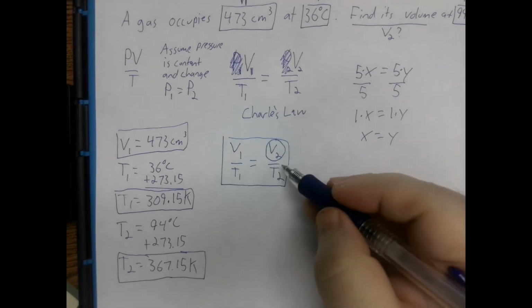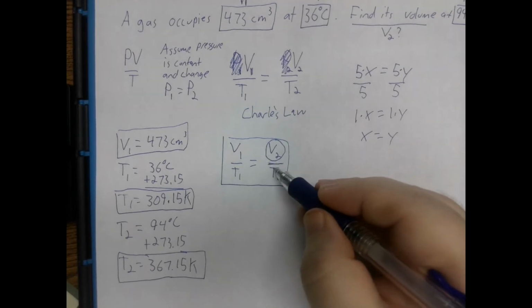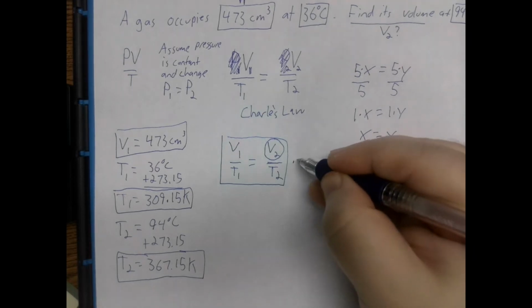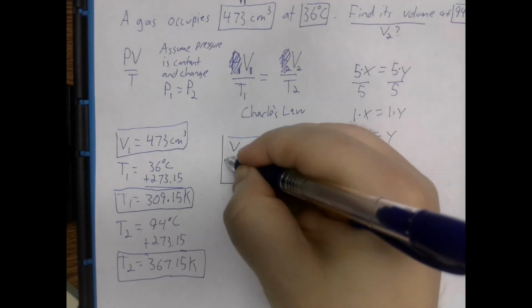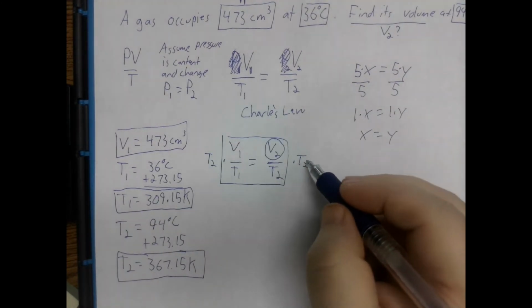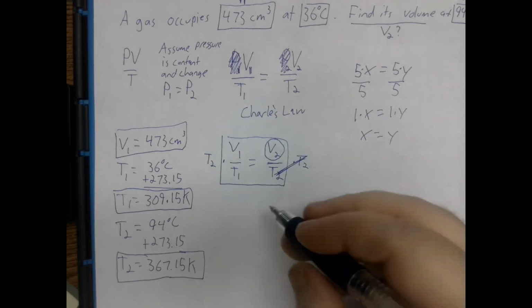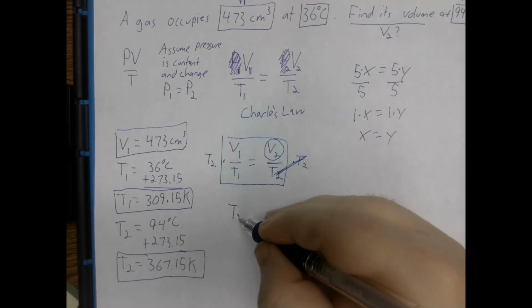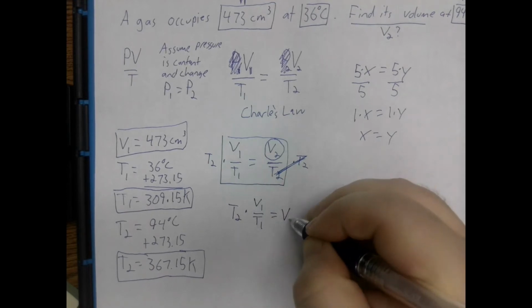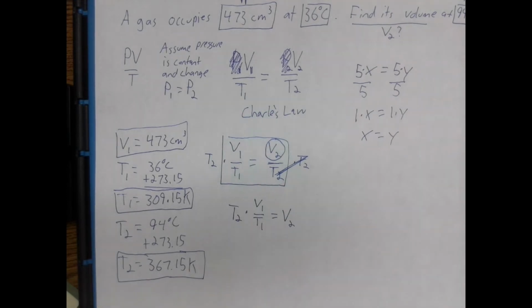So if we're dividing by final temperature on the right side, to cancel it out, we'd multiply T2 to both sides. T2 divided by T2 cancels out, and we're left with T2 times V1 over T1 is equal to final volume.